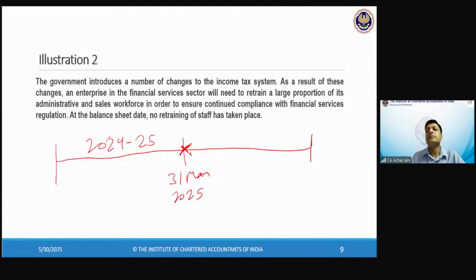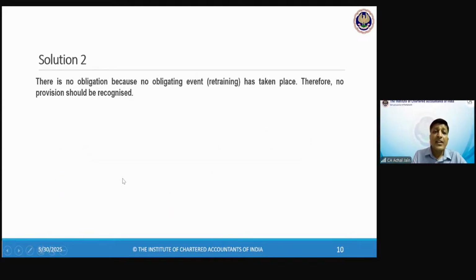No. So it's a future cost. As and when the staff will be trained, that cost will be recognized. So during this year, there is no cost. So that's why there is no obligation on the part of the company. So no provision will be recognized.